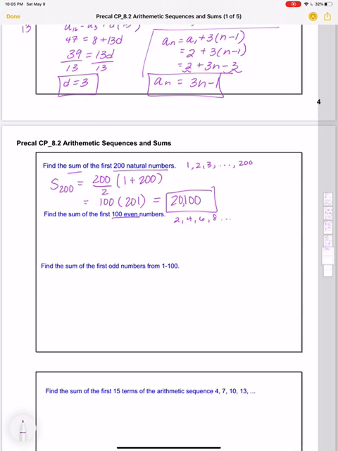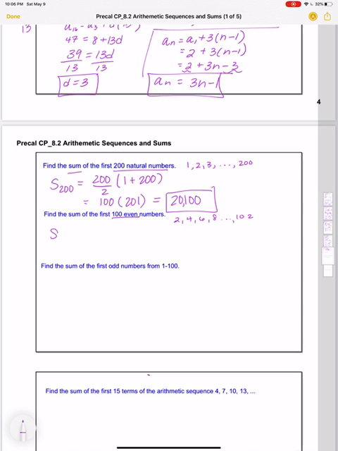It'll be 102. That would be the 100th even number. First, second, third, fourth. Yeah. Okay.